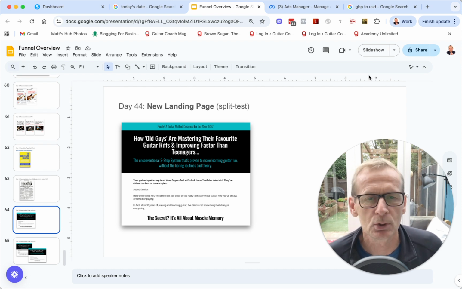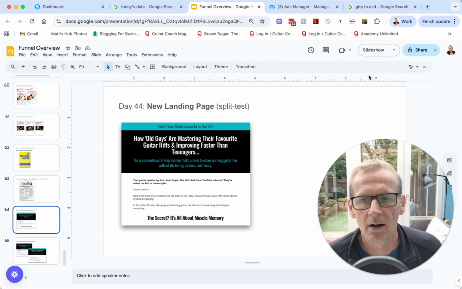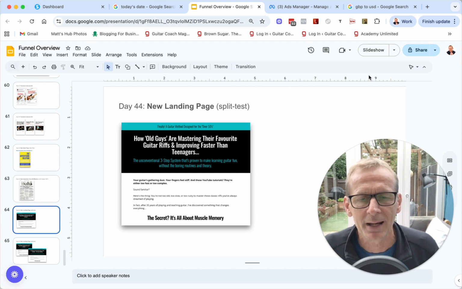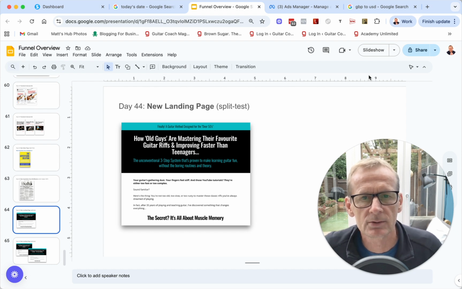At 2.5%, if I get a 0.5% lift to 3%, it may sound tiny, but that's effectively a 20% gain. So it makes a real, significant difference, particularly at the top end of the funnel.